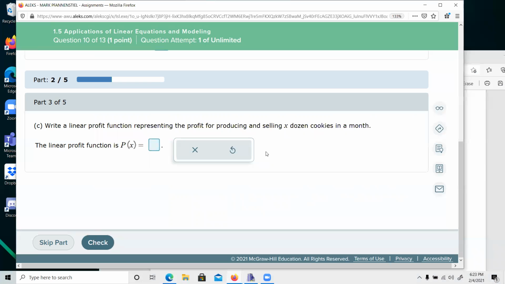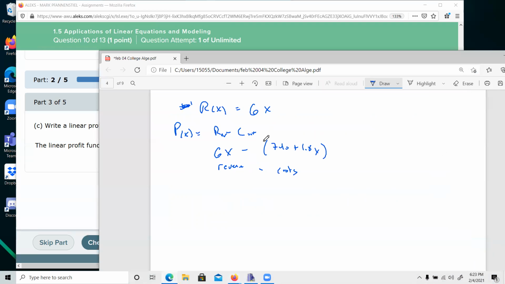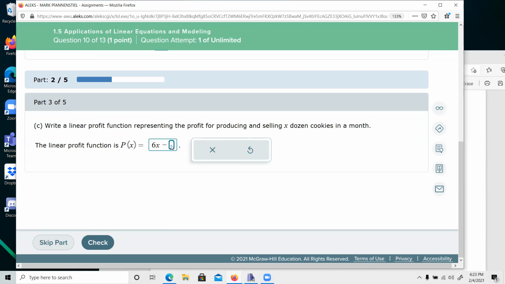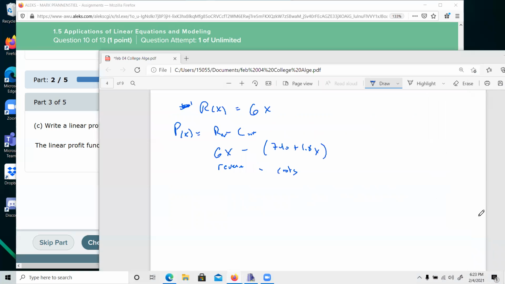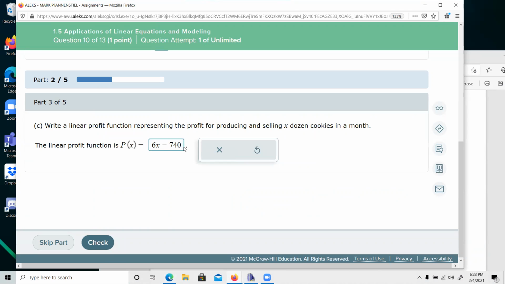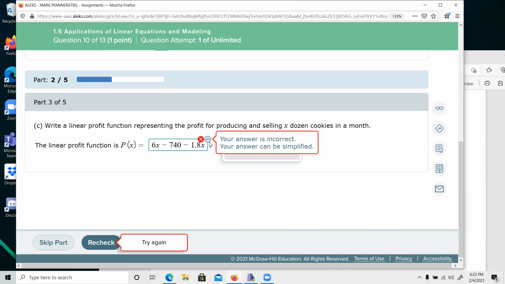We have to simplify. I wonder if we do. 6x minus, let's see if they give us right or wrong here. 740 plus 1.8x. Oh, they don't like that. And now we're going to have to distribute that in, so it's going to be minus 1.8x. They're going to want us to combine like terms. It can be simplified.